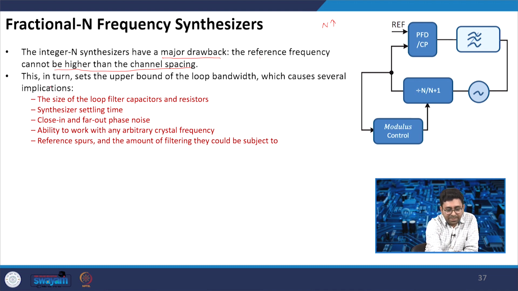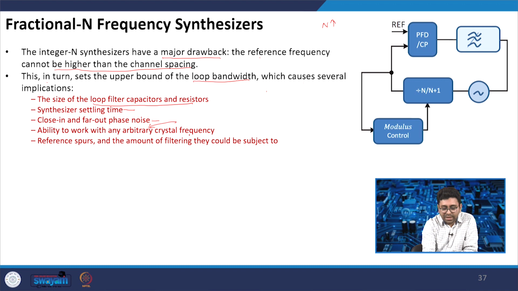So this in turn sets an upper bound on loop bandwidth, which has several implications: size of the loop filter capacitors and resistors, synthesizer settling time, close-in and far-out phase noise, and the ability to work with an arbitrary crystal oscillator, because you need a frequency equal to the channel spacing.